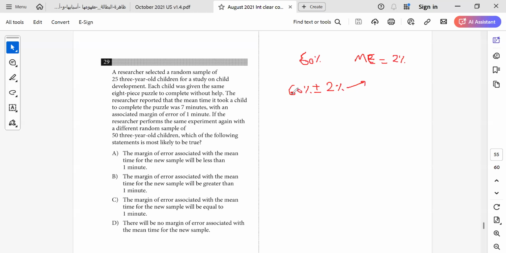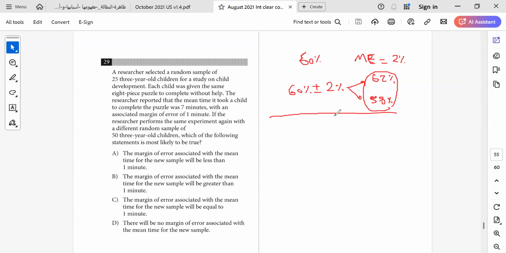That means 60 plus 2 is 62%, and 60 minus 2 is 58%. So the real, accurate result will be in this interval, from 58% to 62%.